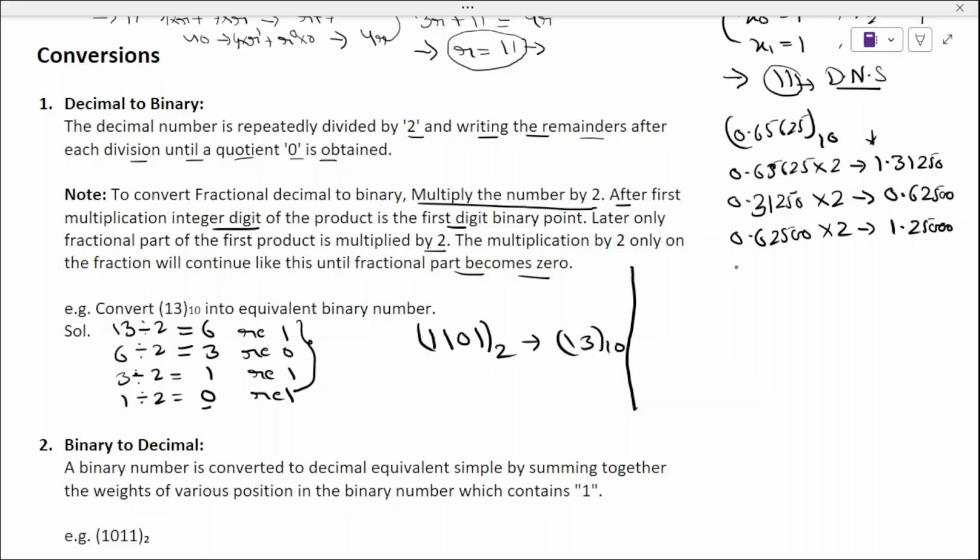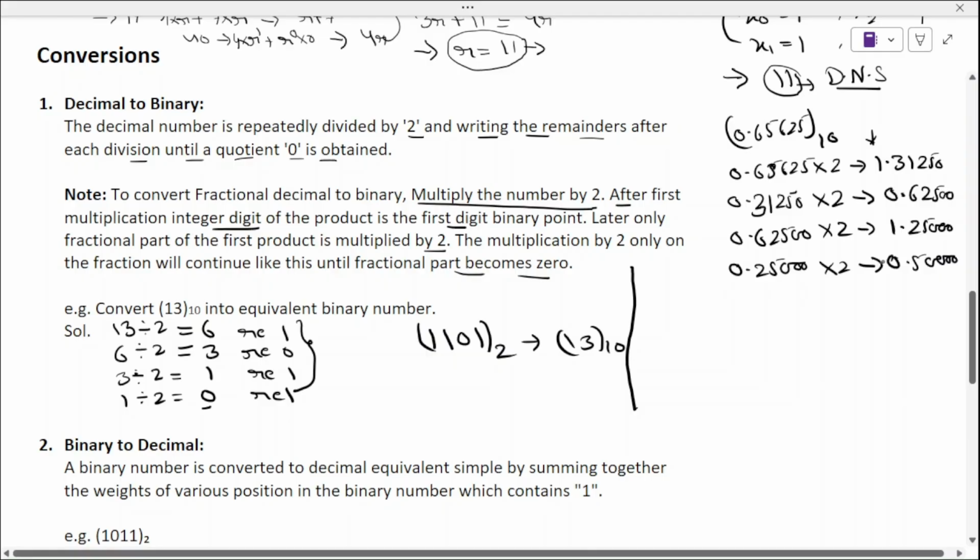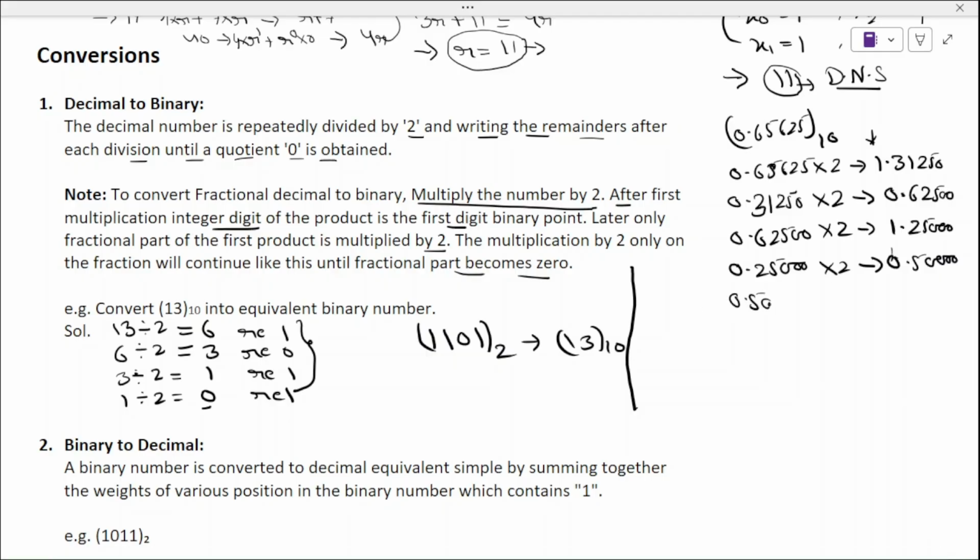Again multiply the fractional part by 2. 0.25000 multiplied by 2 is 0.50000. My integer digit is 0. Again multiply the fractional part by 2. 0.5000 multiplied by 2 is 1.